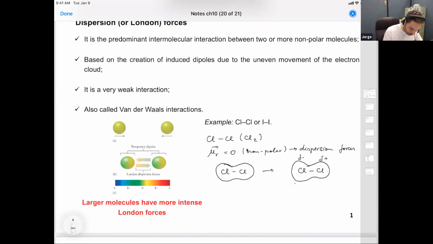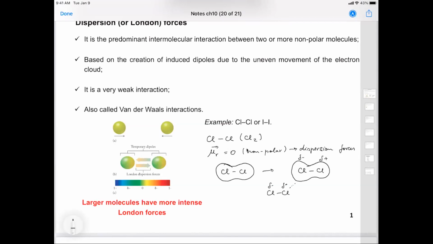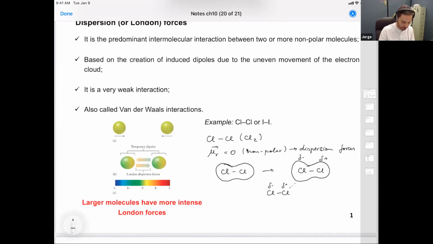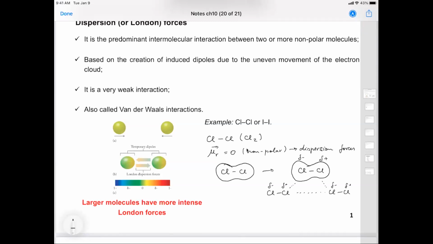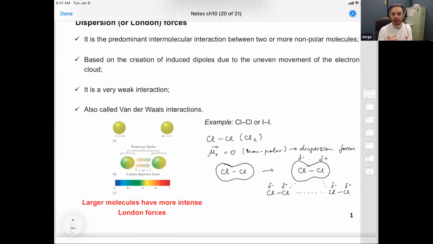This very tiny polarization will attract another molecule where we also have a tiny polarization, and the same thing for the other side. Okay. So these very tiny fluctuations of the electron cloud will result in a tiny polarization of the molecule that will attract another molecule.